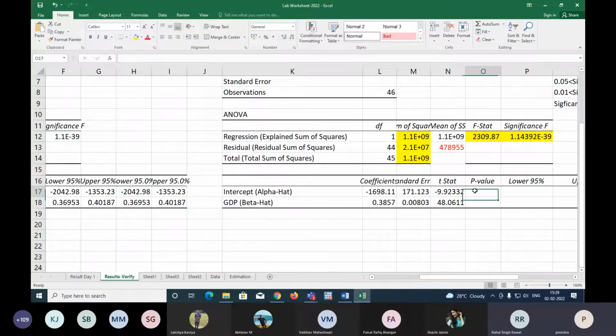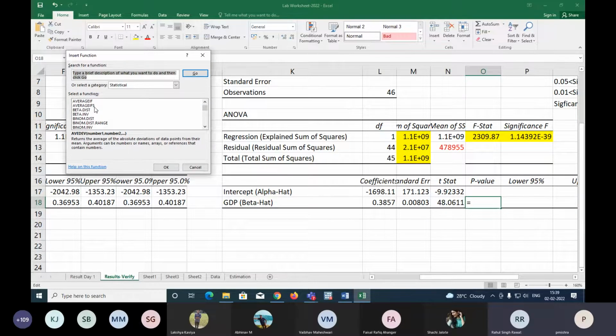Okay, now how to get the p-values? Once I do this, I'll get back to the earlier question about how we talk about significance level. So how to get the p-value? Again, you need to go to fx and get the t distribution, two-tailed.